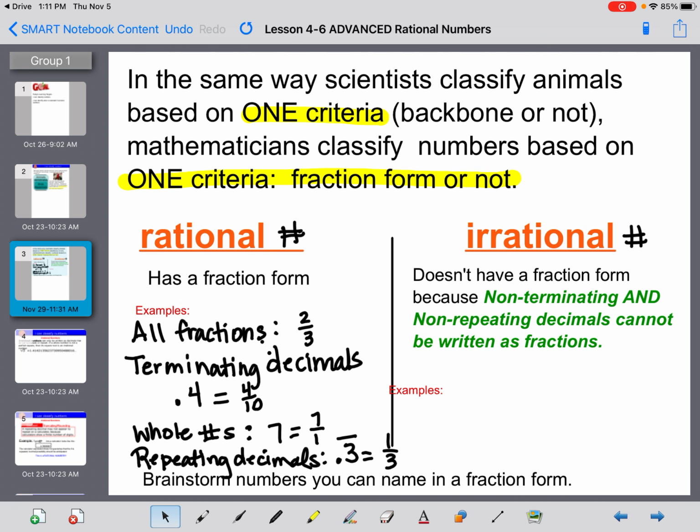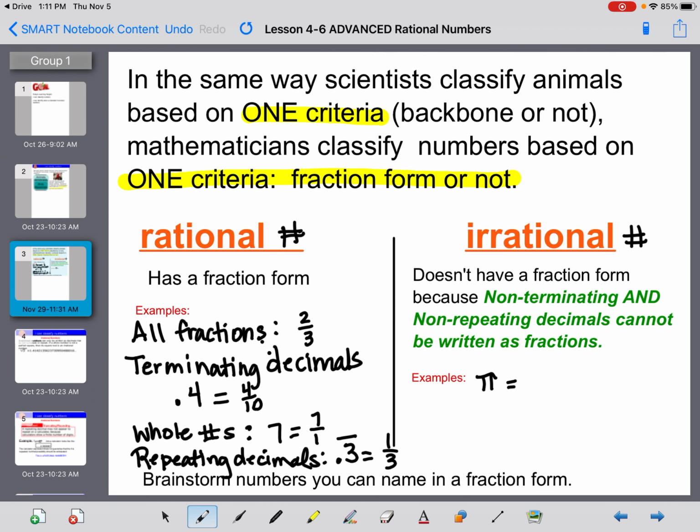So at this point, you must be thinking, all right, so then what would possibly be irrational? Well, the only way to have an irrational number is if it's a non-terminating and non-repeating decimal both at the same time. Let me give you an example. Pi is irrational.